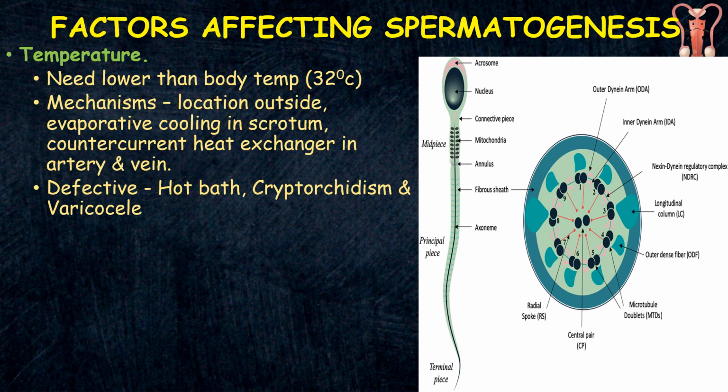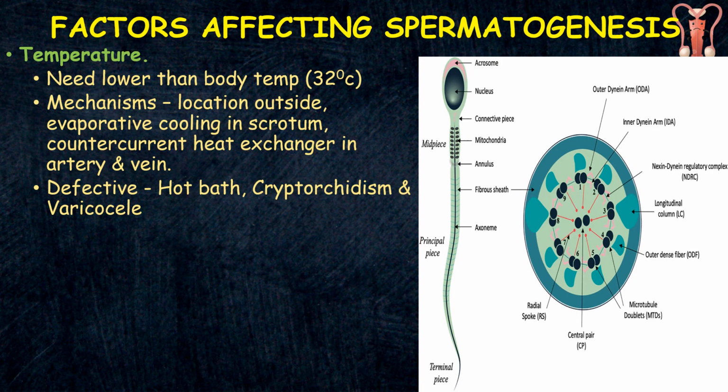And cryptorchidism is a condition in which testes are undescended. In such individuals, usually they become sterile because of the defect in thermal regulation, and it can damage the spermatogonia.